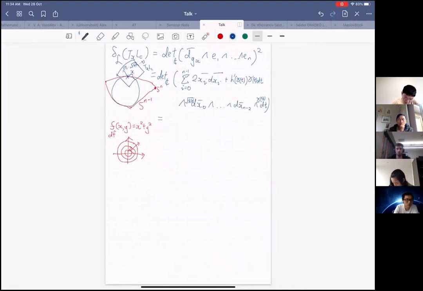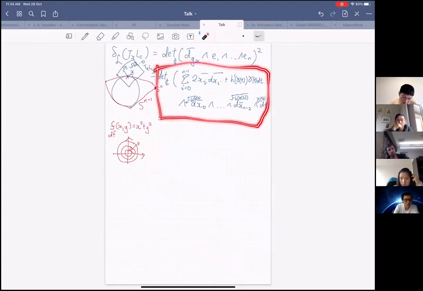So we introduce a constant. Let me write properly here. So this is gamma at a particular time, gamma t. And this part is technical.